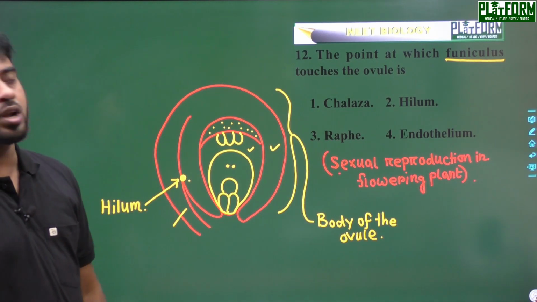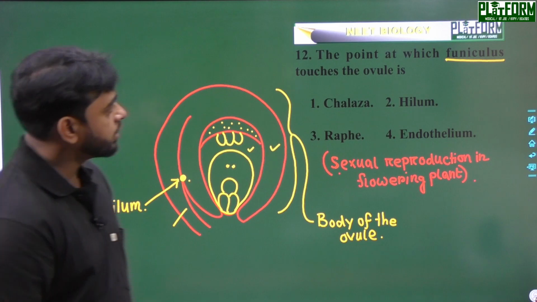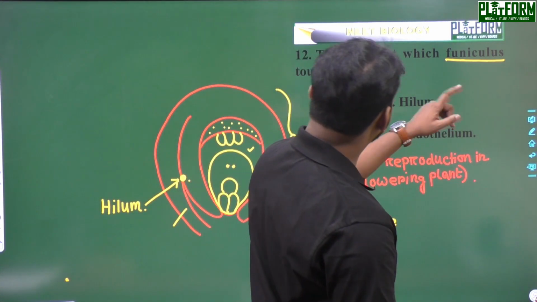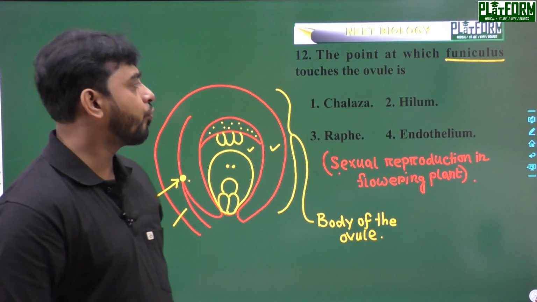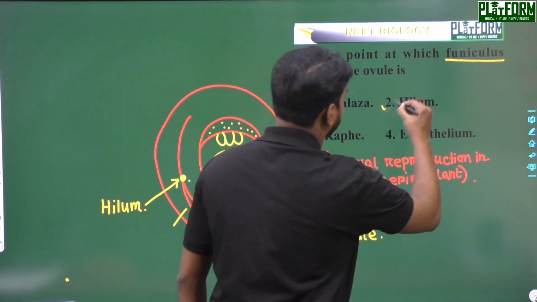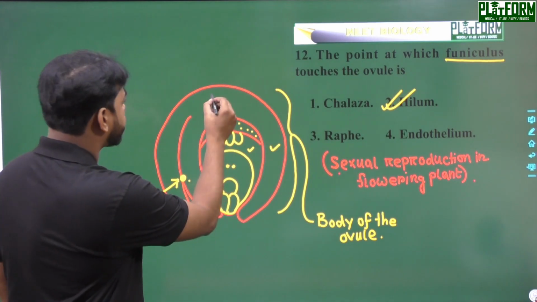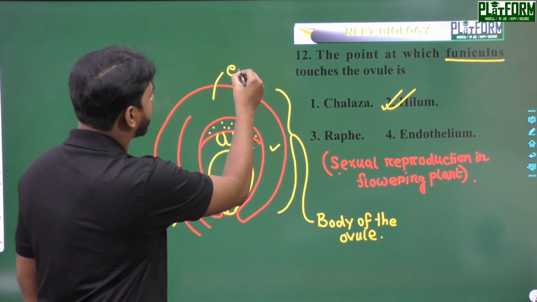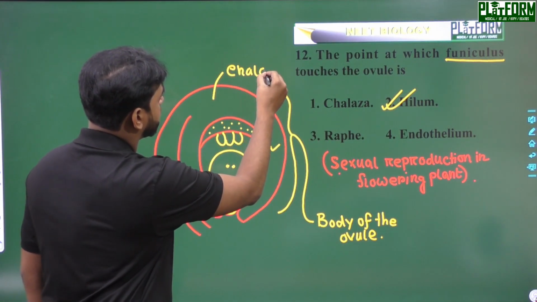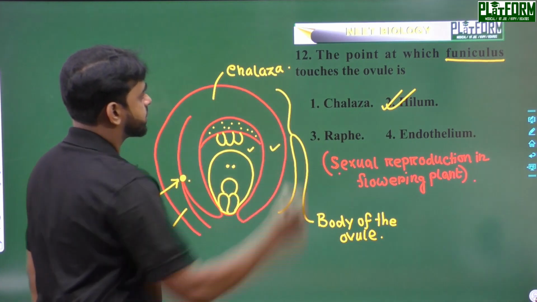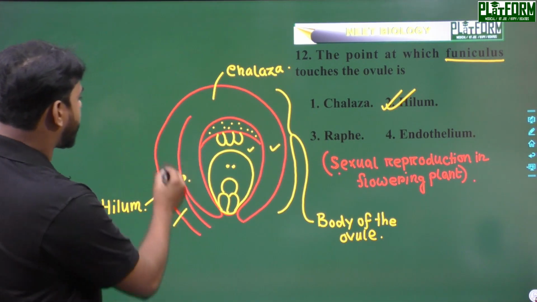So in this particular question, the point at which the funicle touches the ovule is the hilum. It is not the chalaza, because the chalaza is the back of the ovule. This one is considered the chalaza. It is not the raphe.